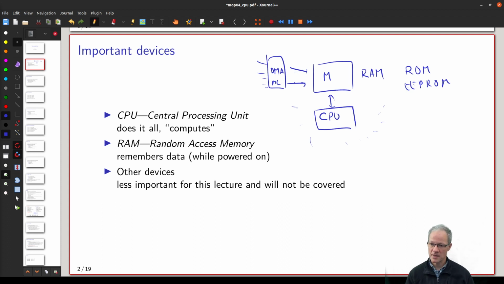Then when the buffer is empty, it may raise an interrupt to the processor and say, hey, I'm out of data. Could you give me some more? And then the processor prepares the next bunch of musical sound in the buffer for the sound card, and the sound card can again happily read and play. The same goes for many devices: they talk to the processor actually through the memory. That's why I would say the memory is the most important device, because it's in the center.